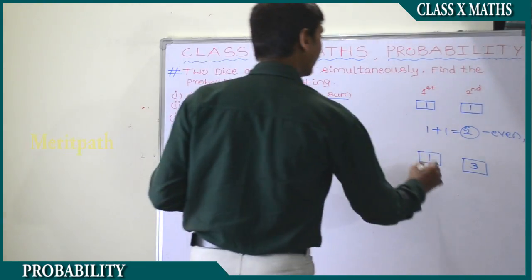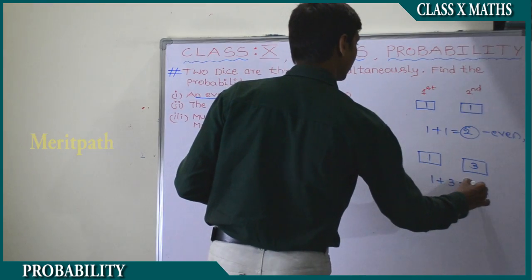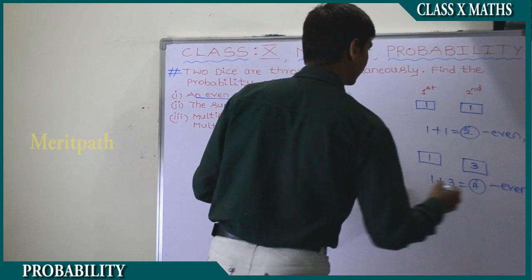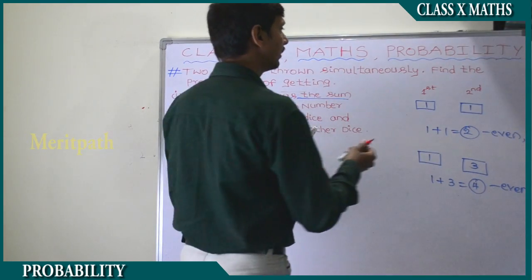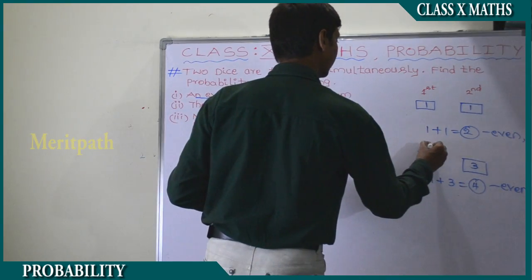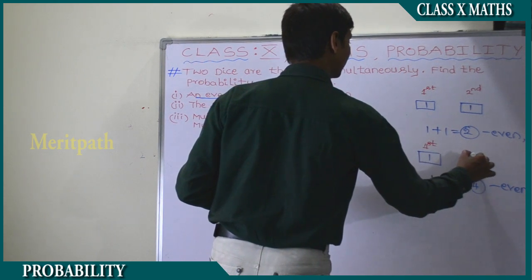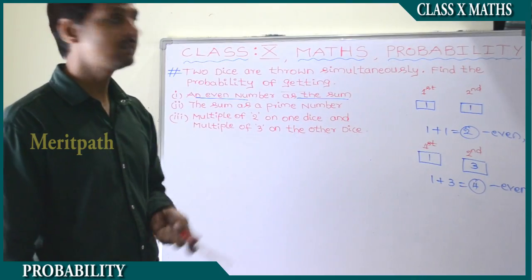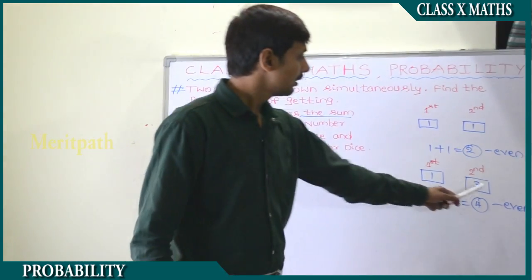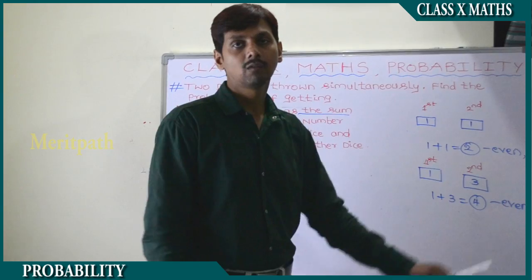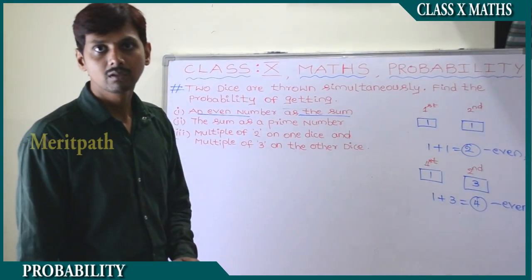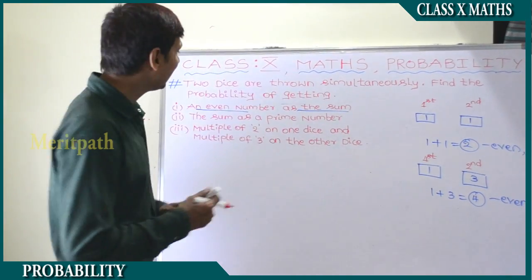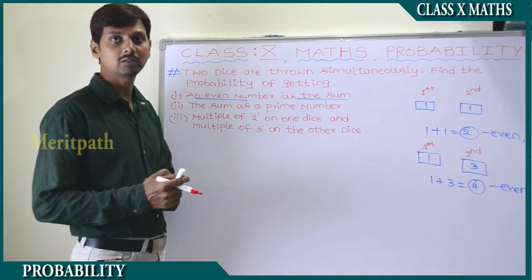The reason is 1 plus 3 is equal to 4, and 4 is an even number. So how many possibilities are there to get an even sum? We need to find out.